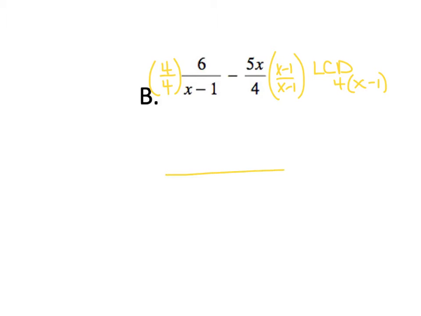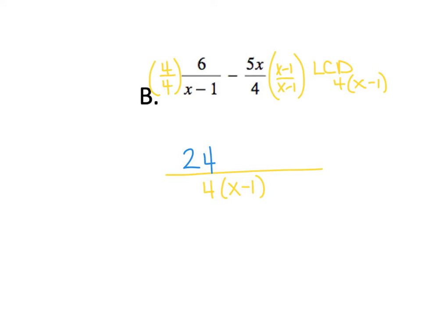So from here, my new common denominator is 4 times x minus 1, and I'm going to multiply 4 times 6 here for the first expression to get 24. And then I have negative, because this is minus, I think of it as negative 5x times x minus 1.